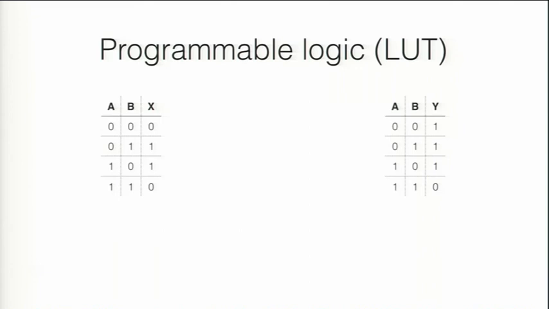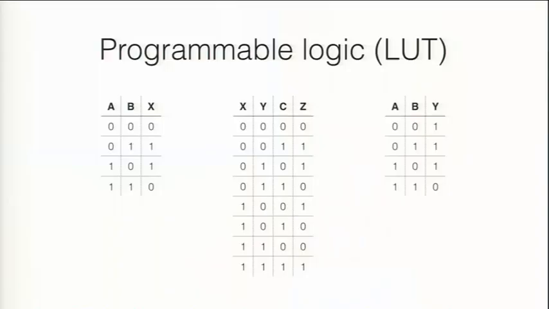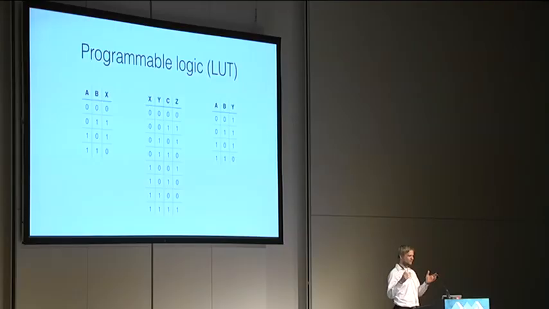So in an FPGA you have those lookup tables where you have some inputs, and you can describe what the output should be. And the fun begins when you realize that one of those outputs can be the input of another lookup table. Then you create a network of lookup tables, and you can create even more complex logic. This is the basic idea of how an FPGA works.